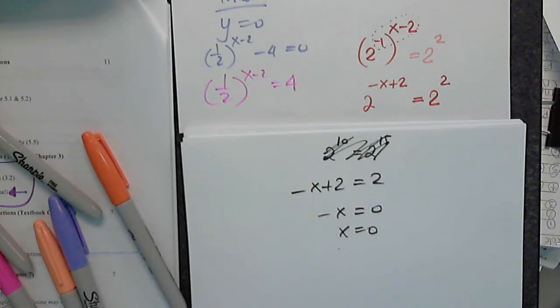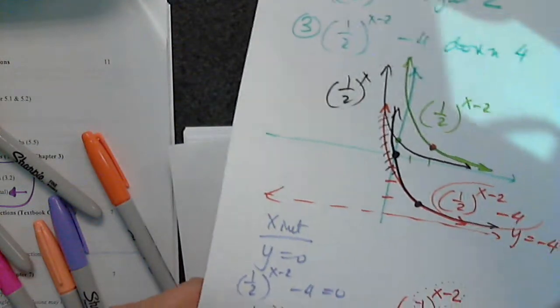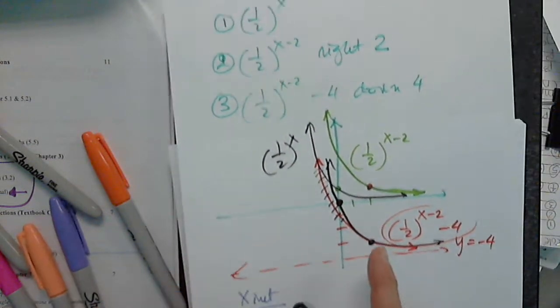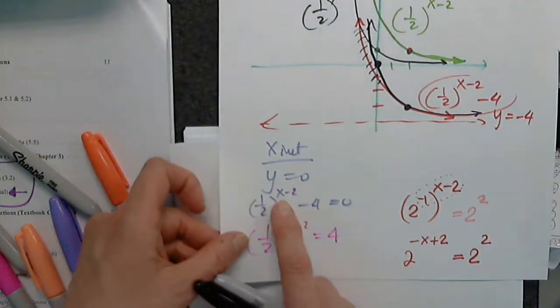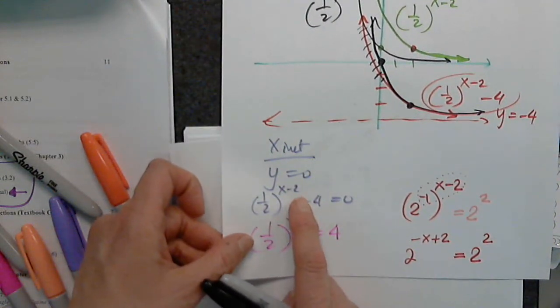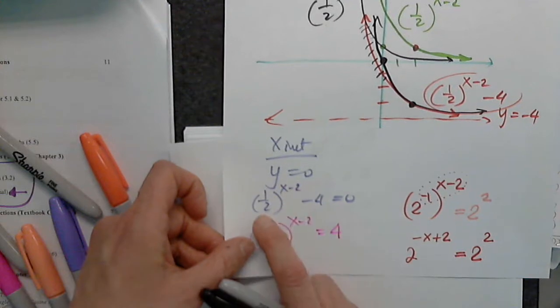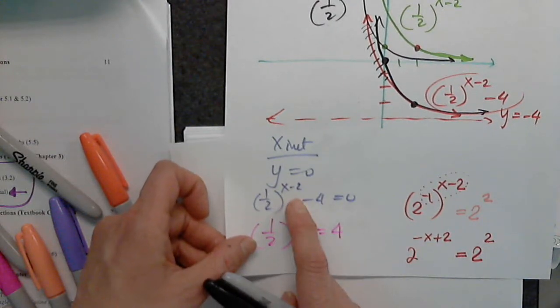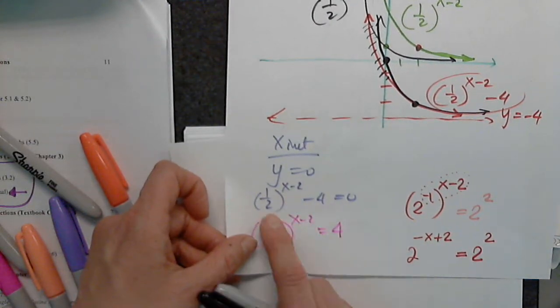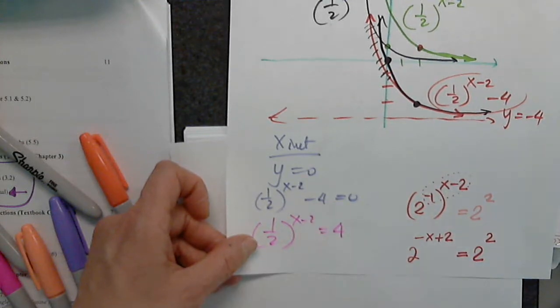Well, that was to find the x-intercept. Yes, but since I got x equals 0, in order to find the y-intercept, I have to plug in 0. When I plug in 0, how much is 0 minus 2? How much is 1/2 raised to -2? How much is 4 minus 4? 0.